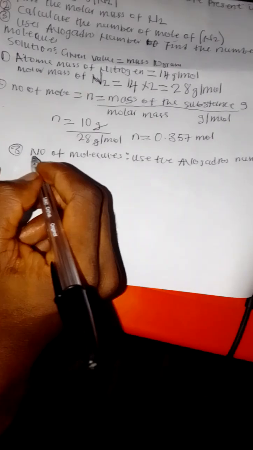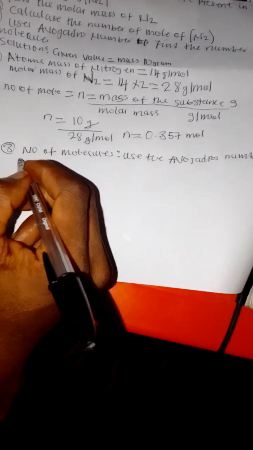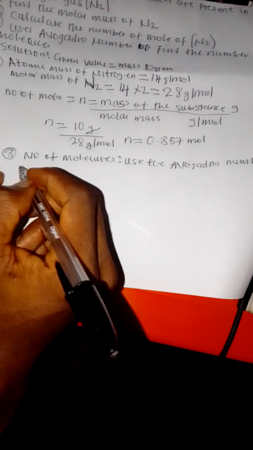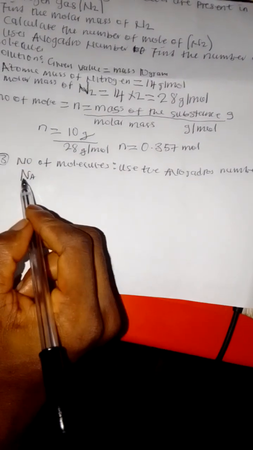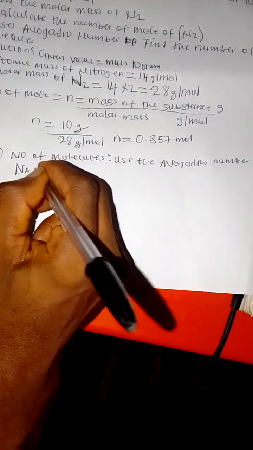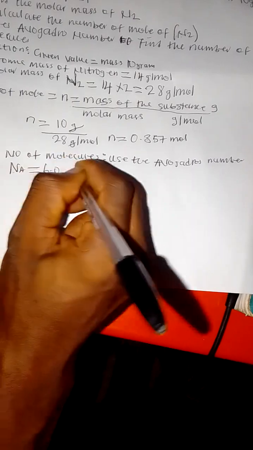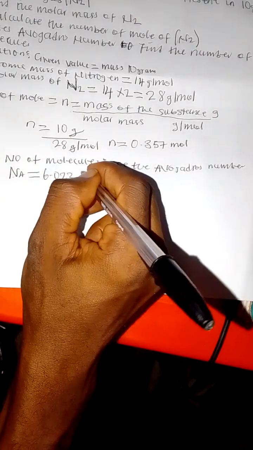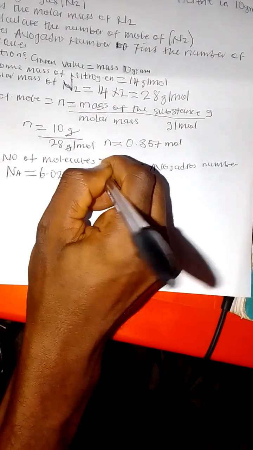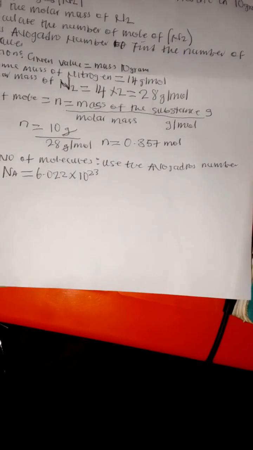This Avogadro's number is a constant. In any calculation you are doing on numbers of moles, this Avogadro's number is a constant, and the number can be written like this. The Avogadro's number is equal to 6.022 times 10 raised to power 23. That is the Avogadro's number.